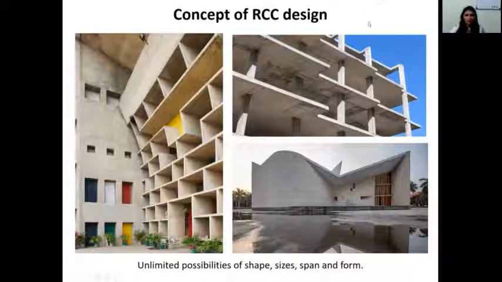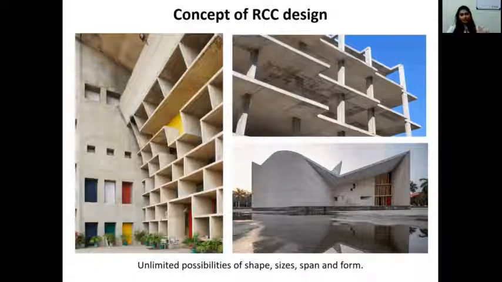Now, concept of RCC design. So by understanding this load transfer, we have seen many buildings which are constructed in RCC because it's a very commonly used material. It can create solid straight shapes, thin slabs, wavy shapes, circular shapes, curvilinear shapes, and whatnot.